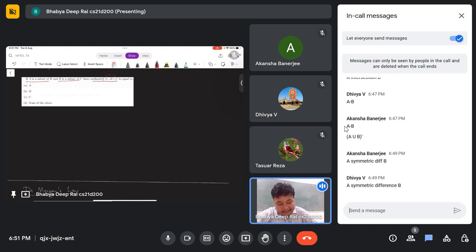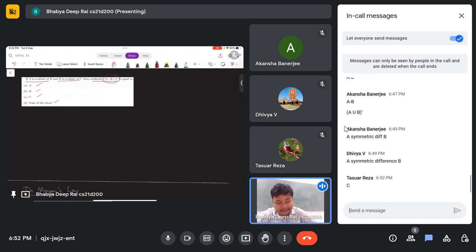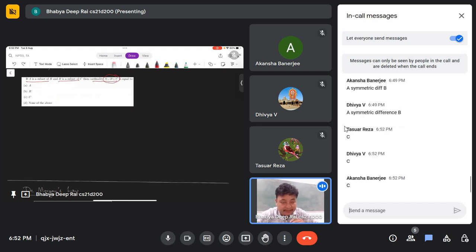So what is the cardinality of A union B union C equal to? Is it A, B, C, or none of the above? Okay. Taswar says C. Divya says C. Akanksha says C. Okay. It's good.